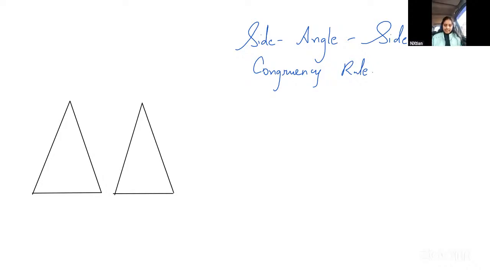This rule says that two sides and the angle between them should be equal. The two corresponding sides and the angle between them should be equal.